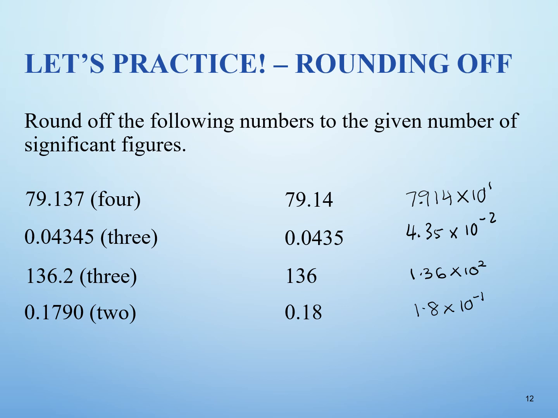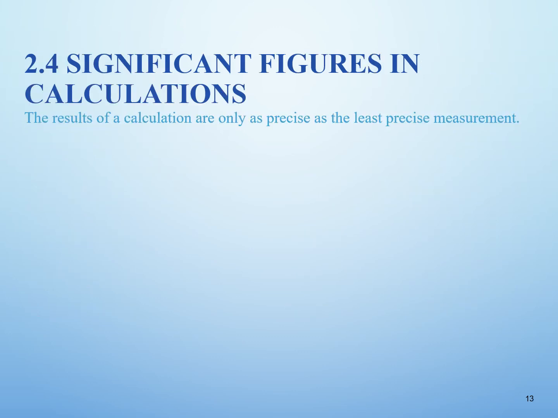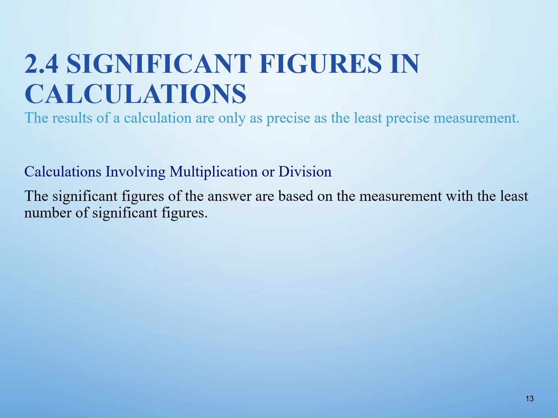All right, next slide, I think we're going to start practicing calculations with sig figs in it. So we can only keep the smaller number of precision that we have, so the smaller number of sig figs for multiplication or division. And if we are doing addition and subtraction, we actually keep the smallest decimal places.